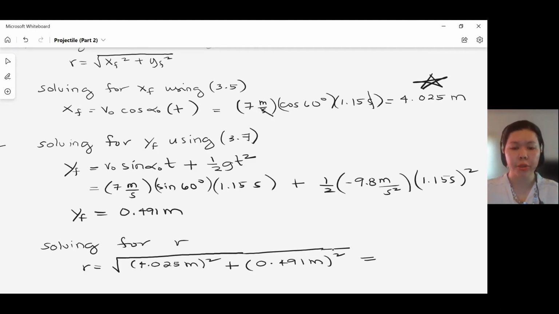Using your calculator, you should get an answer of 4.05 meters.